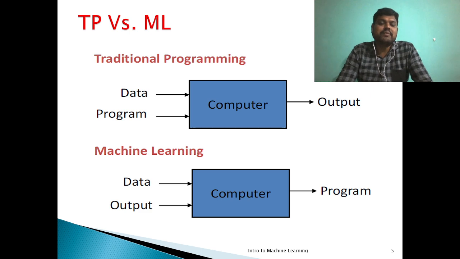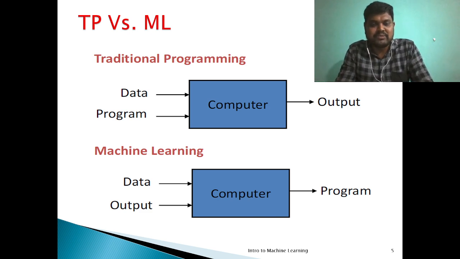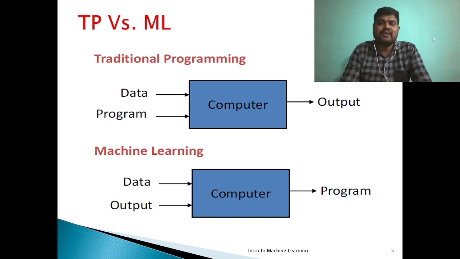In traditional programming, you have to provide the data and you have to type the code, hard code, to generate the output. This is what you are doing in traditional programming. Whereas in machine learning models, you have the data and you know the expected output. You will train the model in such a way that the machine will generate the program for you.